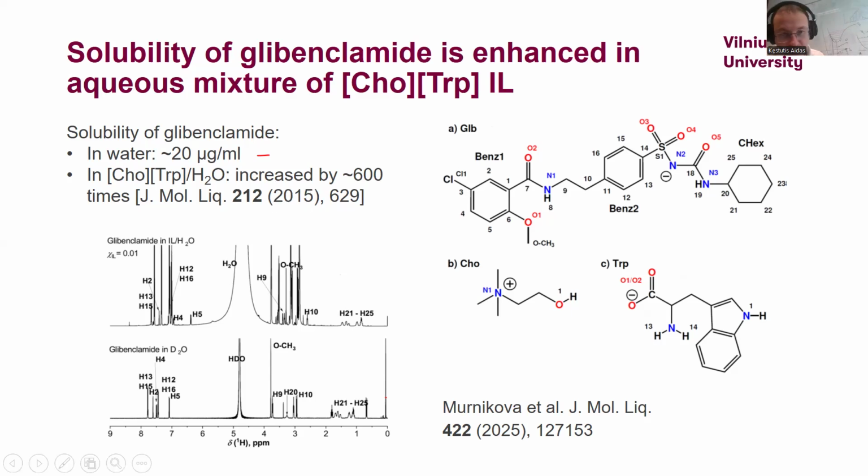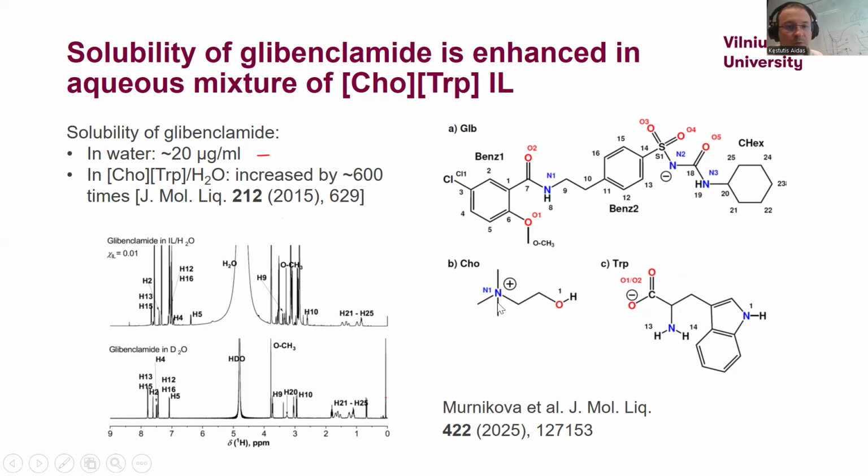But then, maybe 10 years ago or so, it was shown that if you use this ionic liquid, the choline tryptophanate, as shown here, if you put a little bit of this ionic liquid into water, then this ionic liquid acts as a hydrotrope towards the solubilization of glibenclamide.